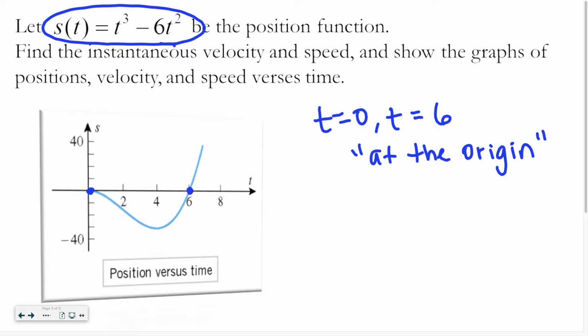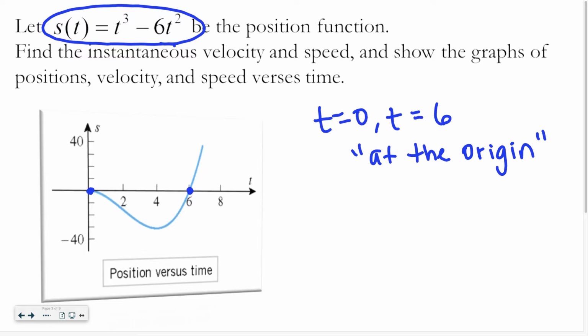When our position is negative from 0 to 6, that means our particle is to the left of the origin. And past 6, when our position is positive, we would be to the right of the origin.